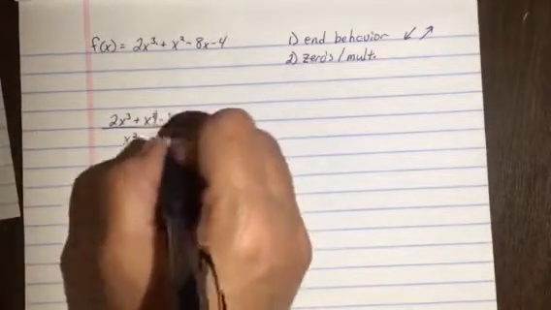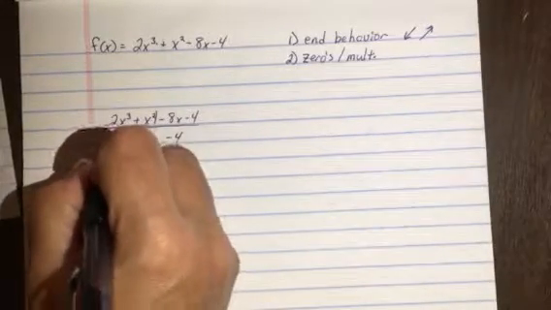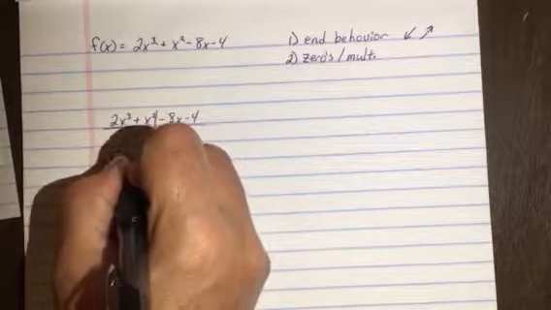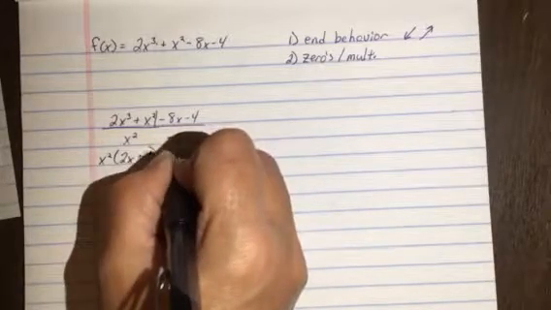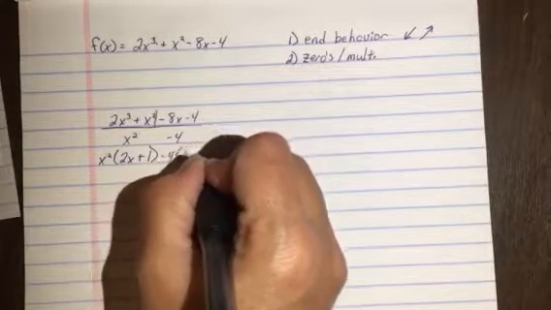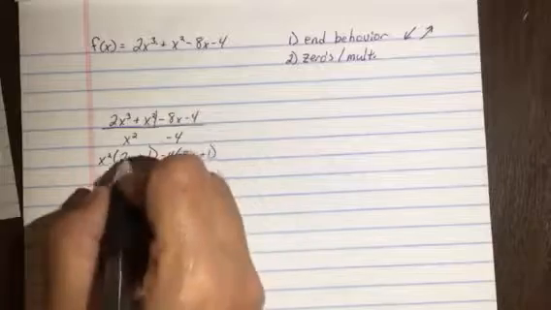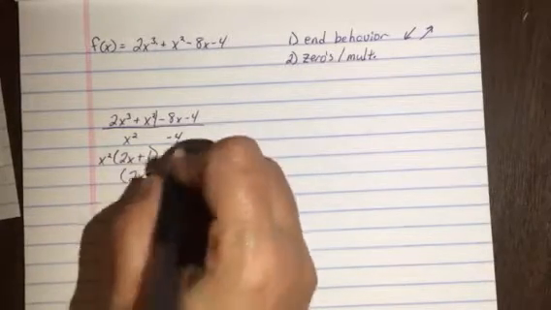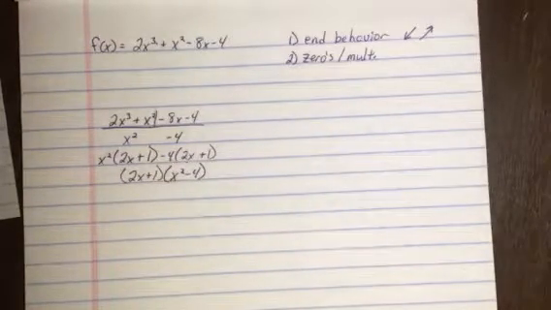I look at the back half, I have a negative 4. So I have x squared times 2x plus 1, and a negative 4 times 2x plus 1. Parentheses are the same, so I have a 2x plus 1, x squared minus 4.